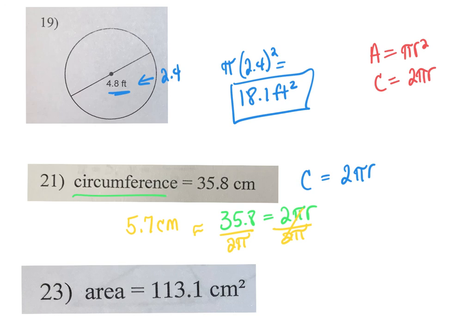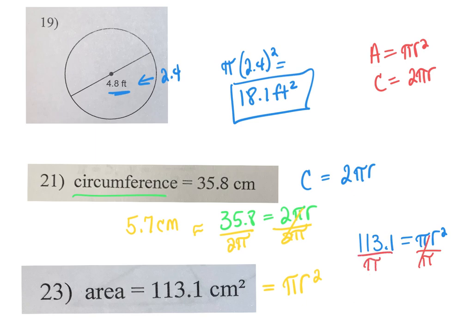Well, area equals pi r squared. So if I'm solving for this, I have 113.1 equals pi r squared. I'm solving for r because that's all I can solve for. Divide both sides by pi.